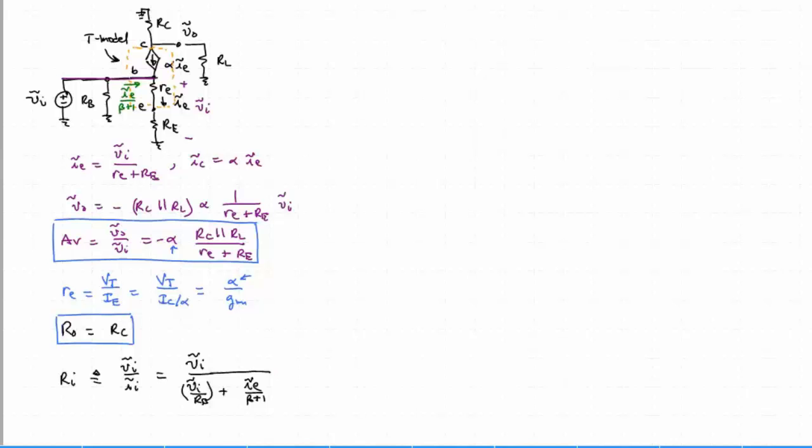Now we have that IE here is VI over little re plus big RE. And so now we see that, and I'll clean this up in a minute, the VI's cancel, we get 1 over RB plus 1 over beta plus 1 times little re plus big RE.